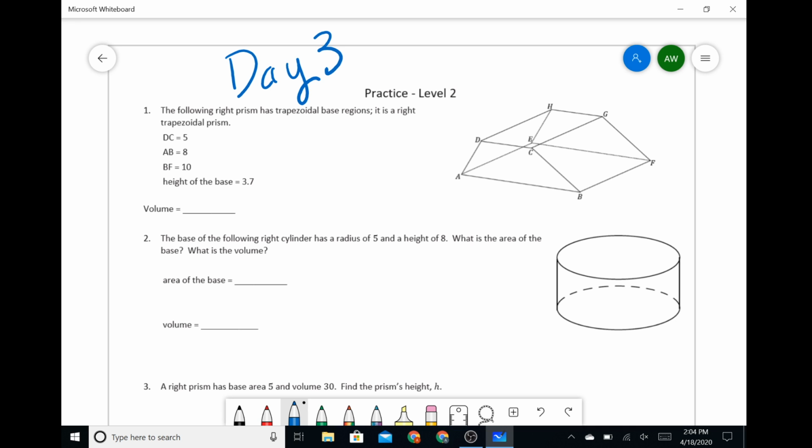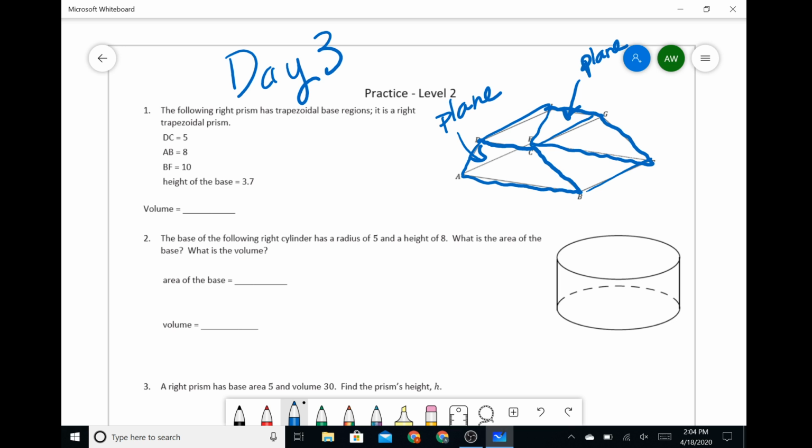Okay. So this first question says, the following right prism has trapezoidal base regions. So basically what we're saying is this trapezoid and this congruent trapezoid, these are my bases, right? So here's a plane, and here are lines connecting them, right?